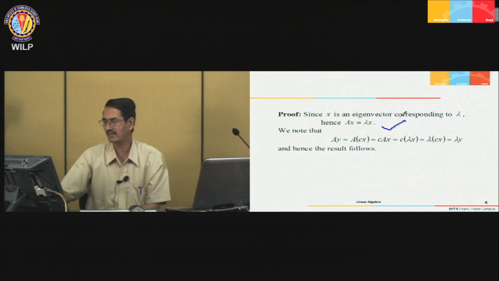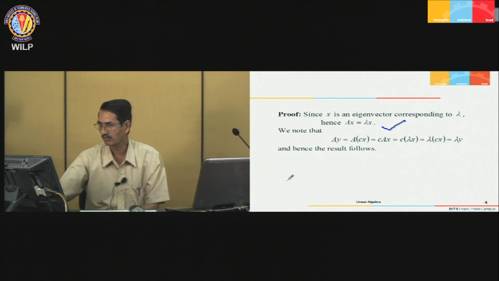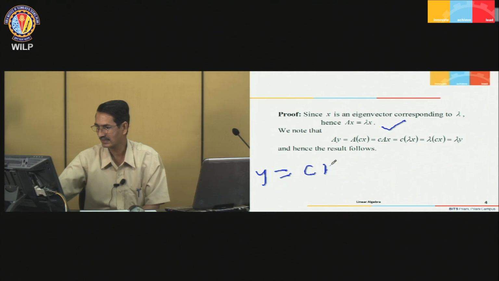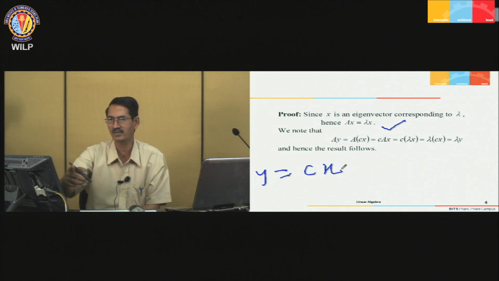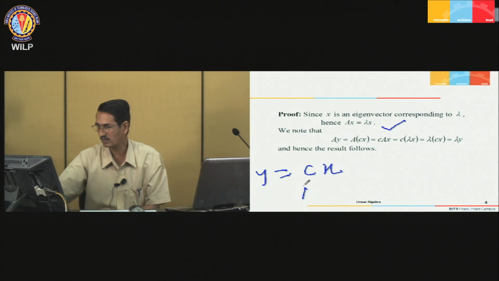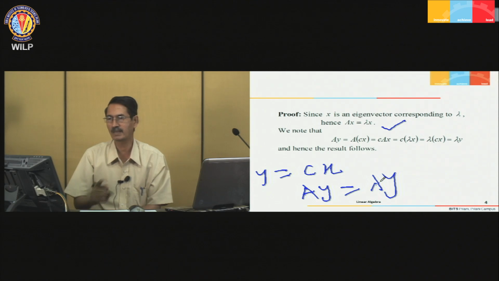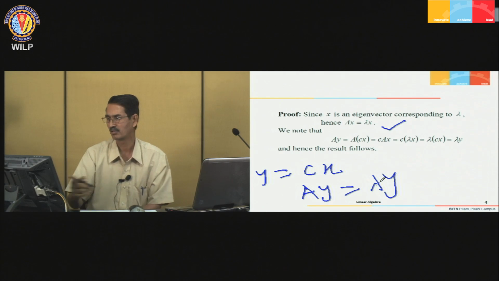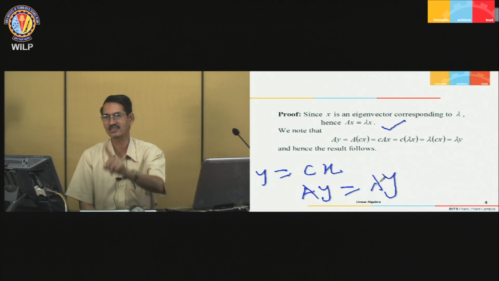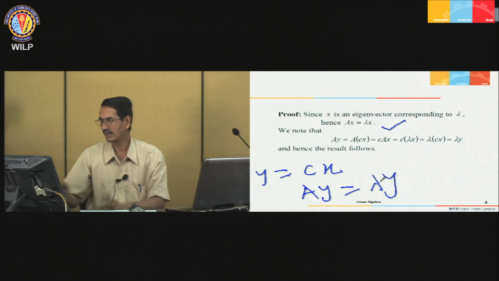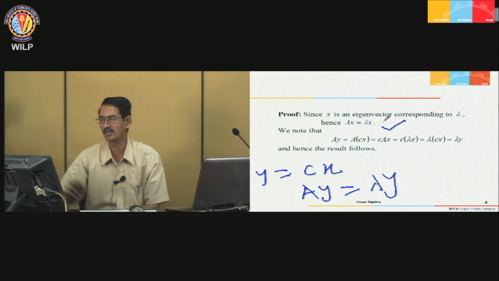So, if y is equal to cx, we must be able to show that A y is equal to lambda y. The moment we can prove that A y is equal to lambda y, this will imply that y is also an eigenvector, where y is equal to cx and x is already an eigenvector. So, if x is an eigenvector, therefore, A x is equal to lambda x.